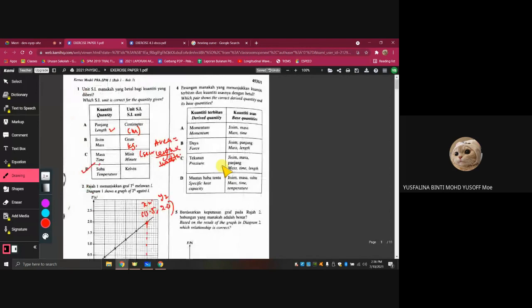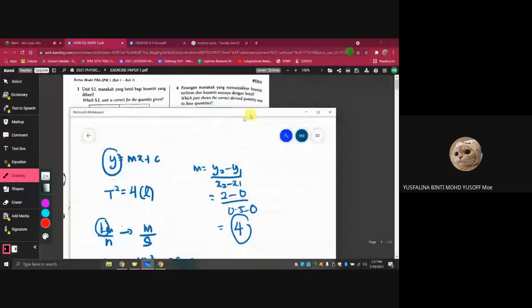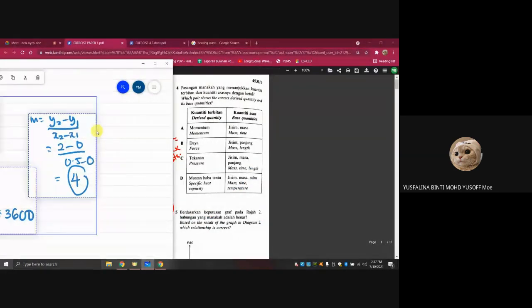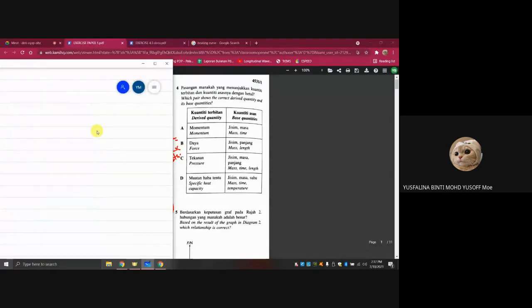Okay, for number 4. Alright, so it says here, which pair shows the correct derived quantity and its base quantity? Okay, what is the formula for momentum? Do you remember how to find the formula for momentum? mv. mv minus mu is impulse.